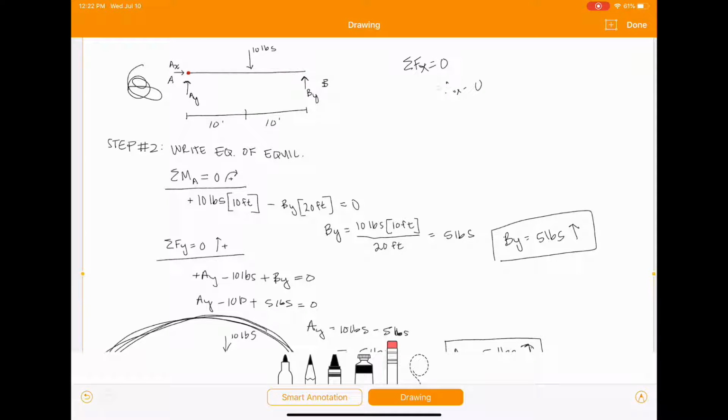All that's going to look like is we need to pick a direction. I like to choose to the right as being positive. So then we would go across the beam from left to right. We've got AX. We keep going all the way to point B. There is nothing else. And so then that equals 0. So AX equals 0 pounds.